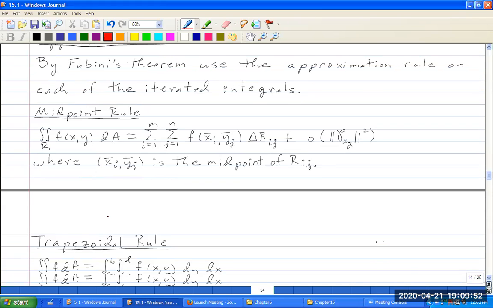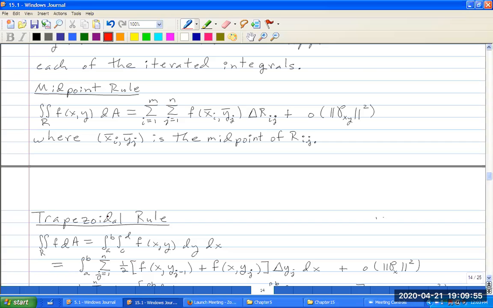So first, the midpoint rule. The double integral of f of xy over the region R is just the sum over i and j of f of x sub i bar, y sub j bar, where x sub i bar, y sub j bar is the midpoint, the middle of the ij-th rectangle, times delta R sub ij.